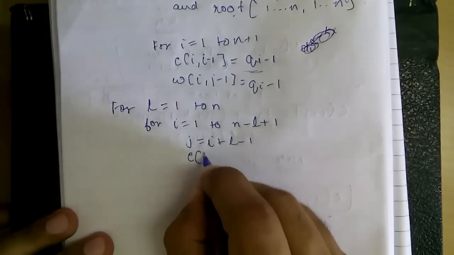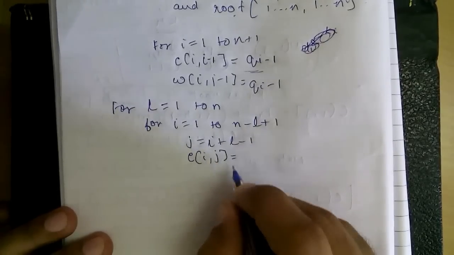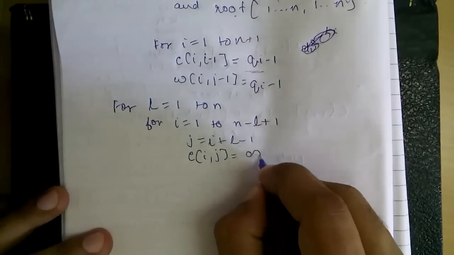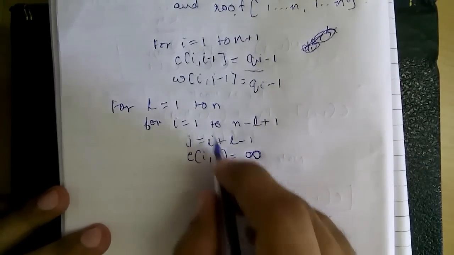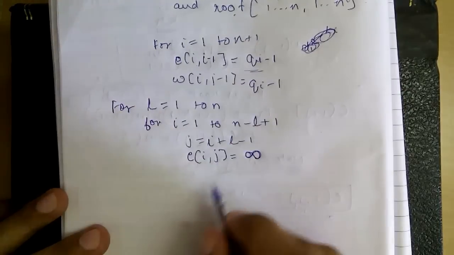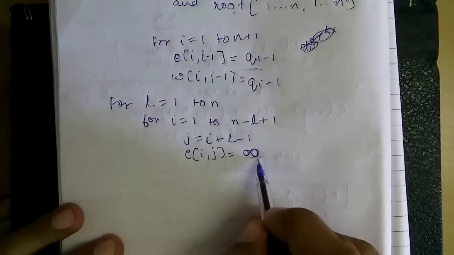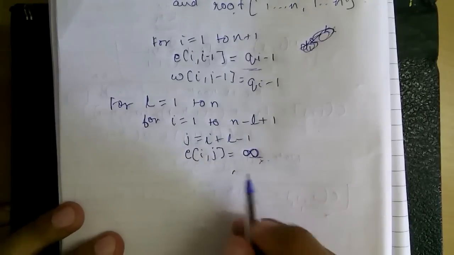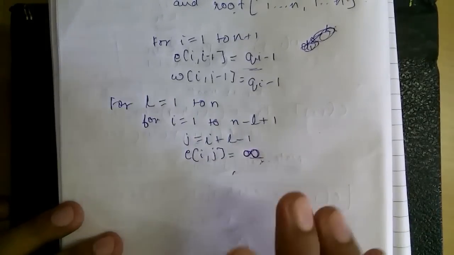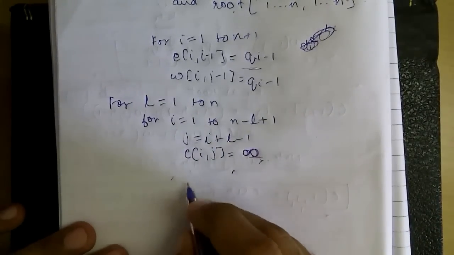Okay, e of i, j. So we initialize the expected cost, the one which we are calculating now, to be infinity, as we are minimizing, so any minimum that will be taken is a more optimal value than this.